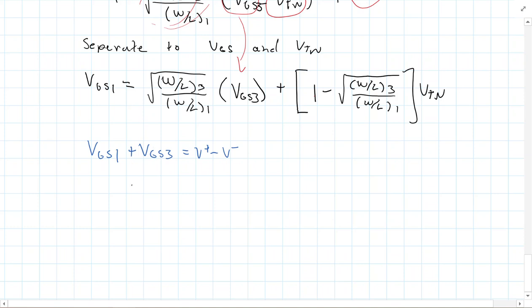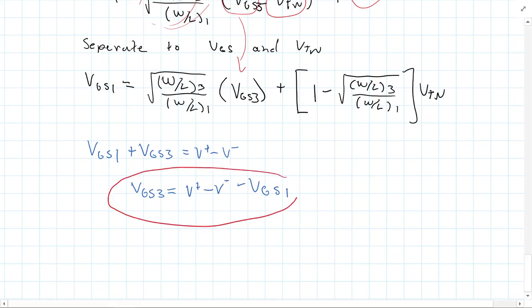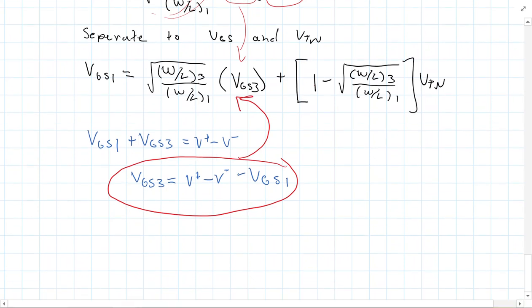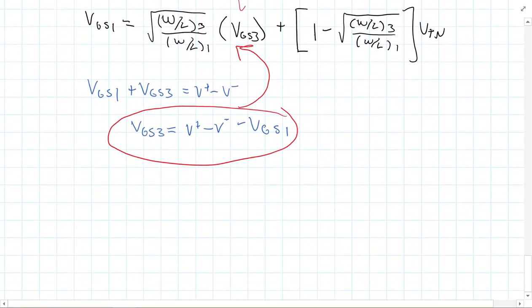So we'll have VGS3 is equal to V plus minus V minus minus VGS1. I'm going to take this, substitute it in here, and then what do we get? Well, then we have finally a fairly long equation here.